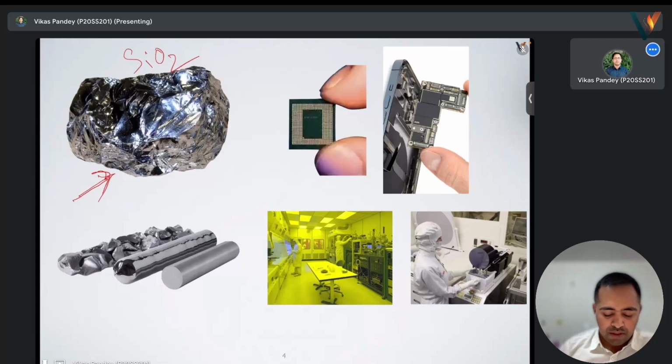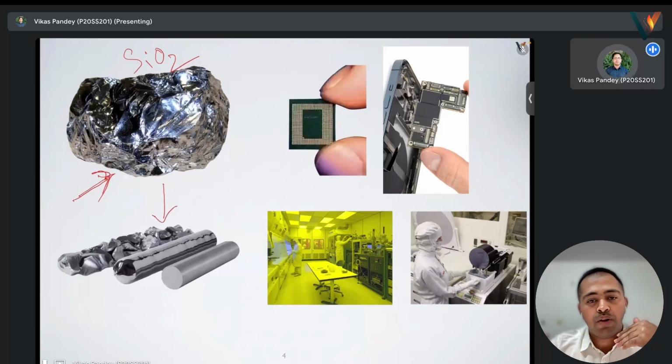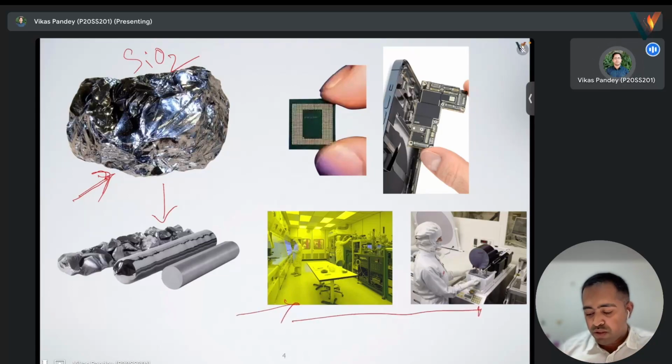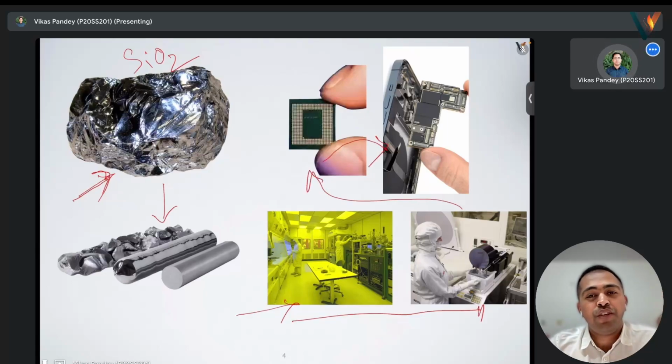From there, it is made into ingots, and through the microfabrication process it becomes a processor, and then it goes into the electronics we use today. So this whole journey is facilitated by microfabrication technology.